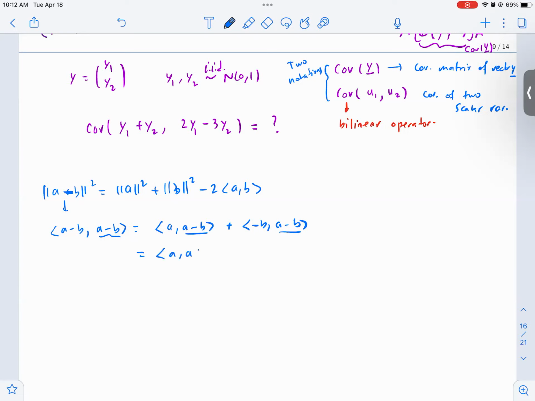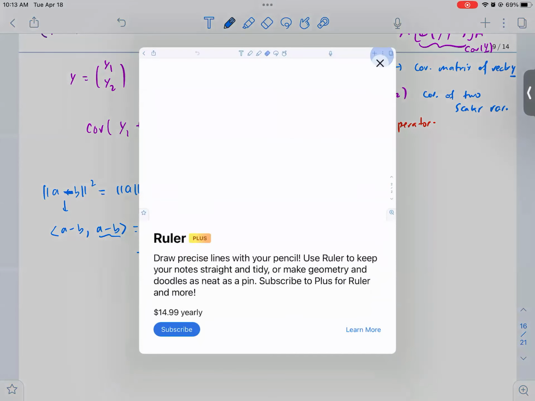So you get aa minus ab minus ba plus bb. Because of the symmetry, these two are both ab, so you get aa minus 2ab plus bb, which is a squared minus 2ab plus b squared.